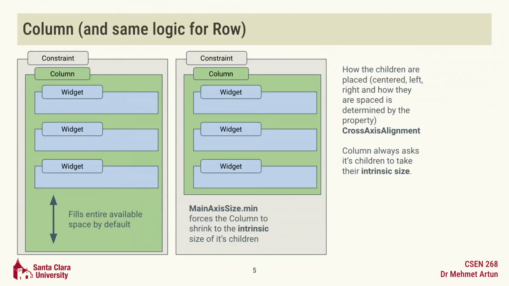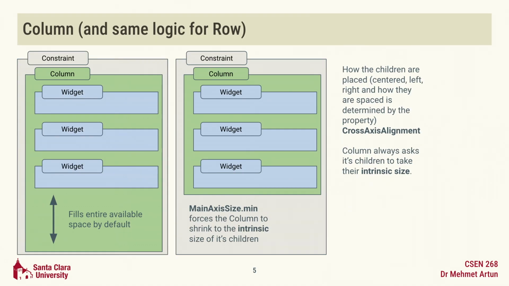All right. Now, the two most basic elements: column and row. All the widgets have a space that they're going to be painted on. Let's call it a constraint.